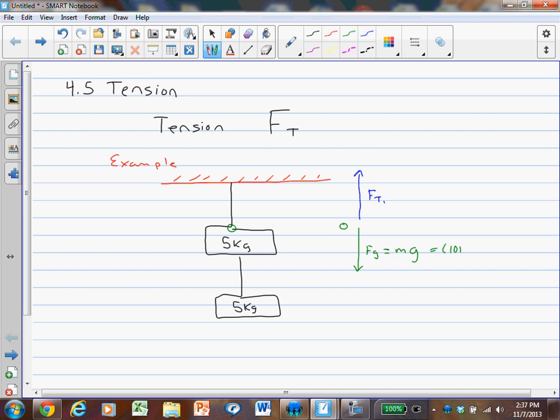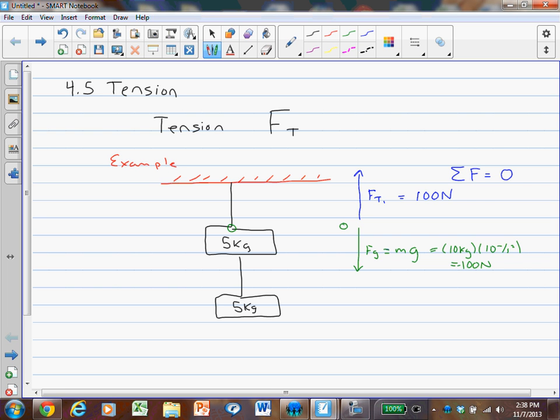So times 10 meters per second squared, that would be 100 newtons. And it's directed down, so we might write it as minus 100 newtons. And then the tension here would have to balance that because it's in equilibrium. When you say something is in equilibrium, we say the sum of the forces is 0. So Ft1 must also be 100 newtons, the tension in there.